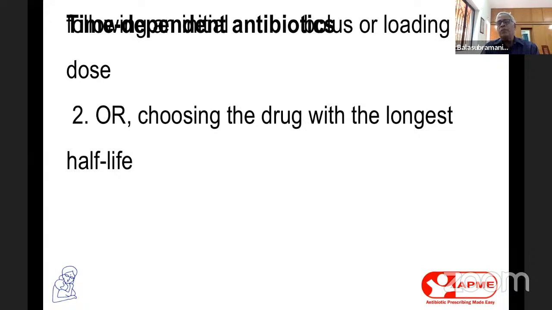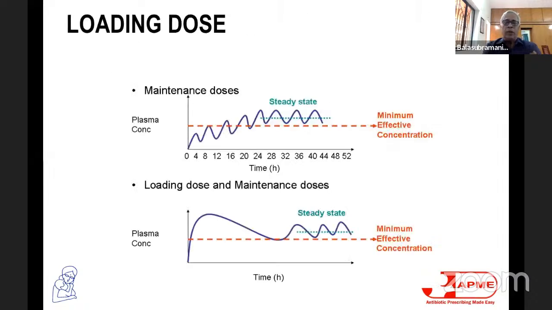So whenever possible, you must choose a drug with the longest half-life. Typical example, that is one of the reasons why ceftriaxone, which has got a long half-life, is preferred to cefotaxime, which has got such a short half-life. Among the cephalosporins, ceftriaxone is the most popular.